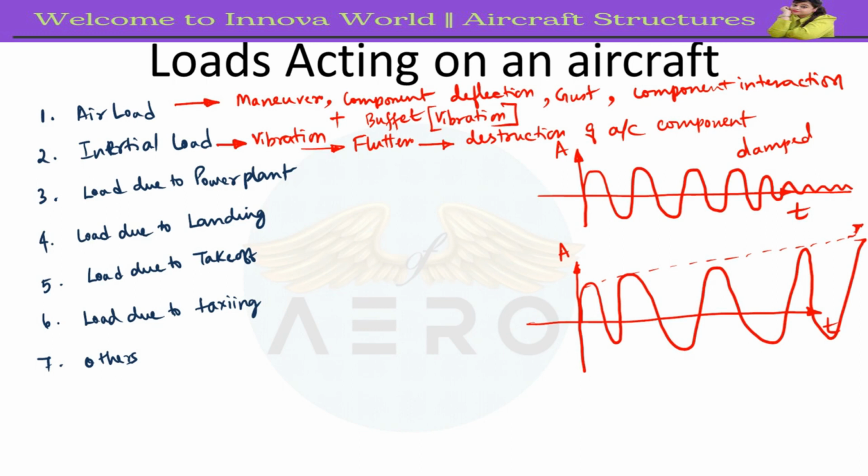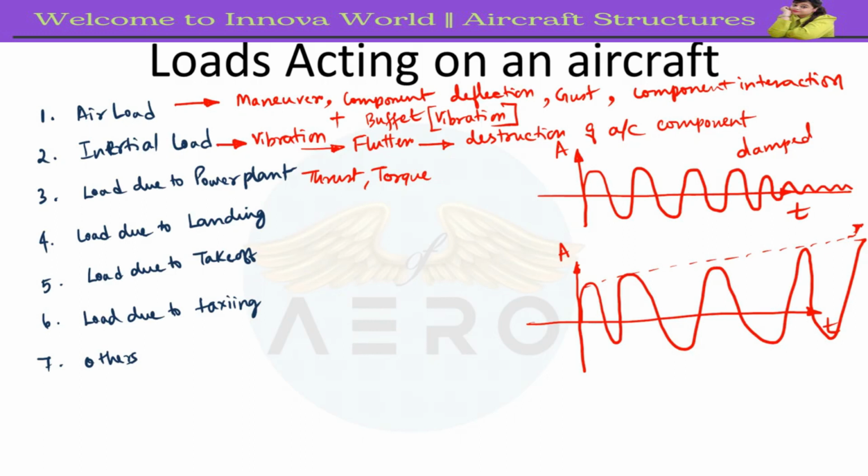Okay, next comes load due to power plant. It's very simple: because of the engine locations, the placement, the amount of thrust or torque produced by the engine, all those things will create some kind of loading. That comes under load due to power plant.